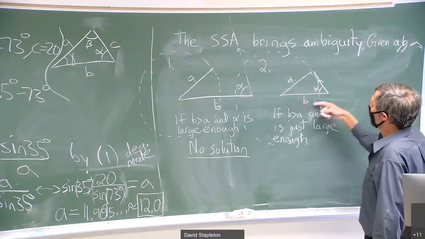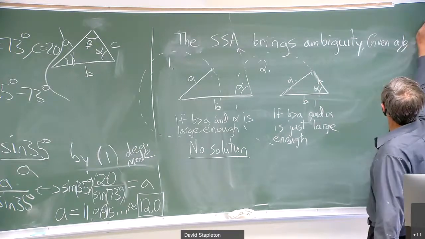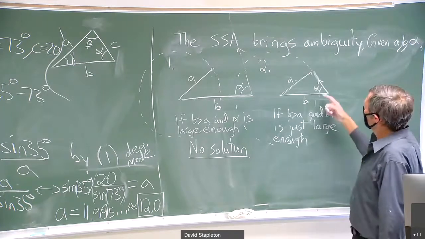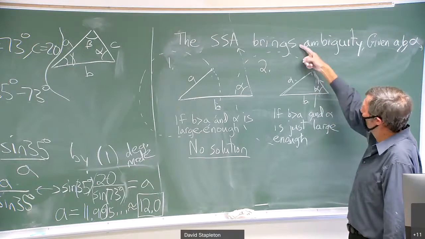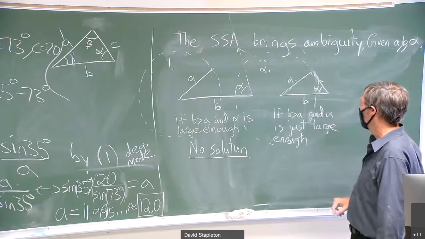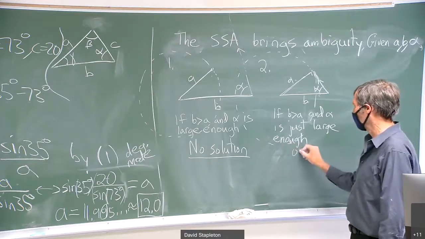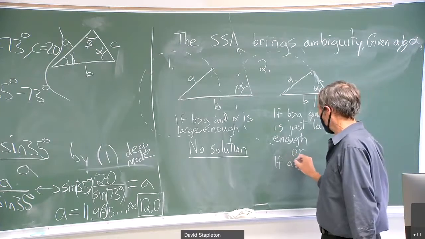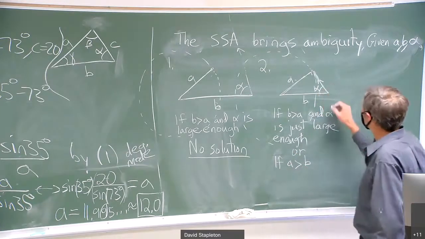I drew it counterclockwise, but it can also go clockwise. It might be that swinging this around in a circle just touches this ray in one point. So there's one solution. Or it can be this kind of case. If A is bigger than B, then you have this kind of a case.